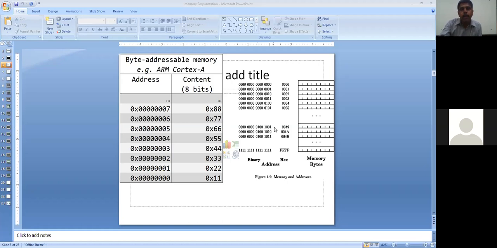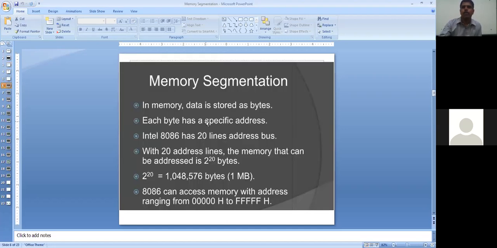Now, in 8086, the memory is divided into 4 segments. How do we address the segments? In memory, the data is stored as bytes, and each byte has a specific address.